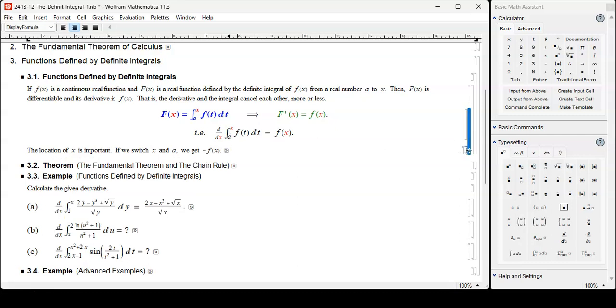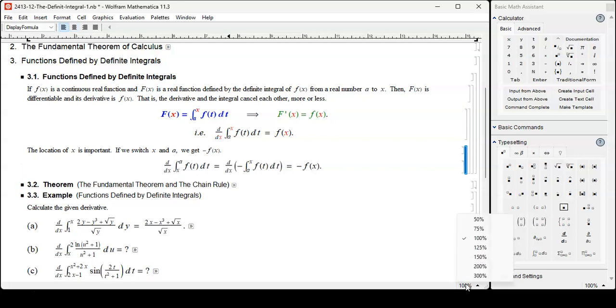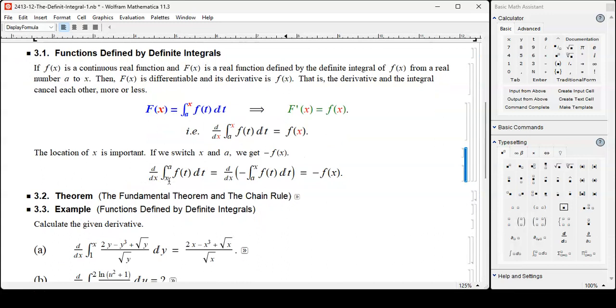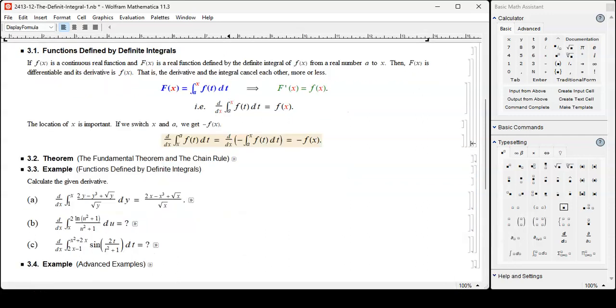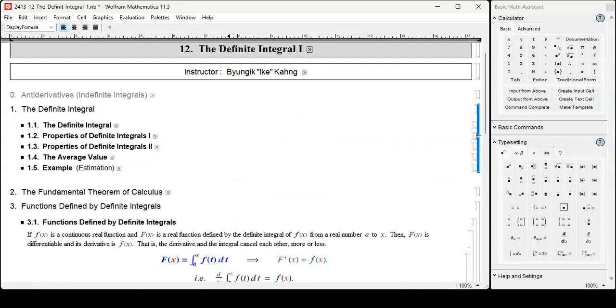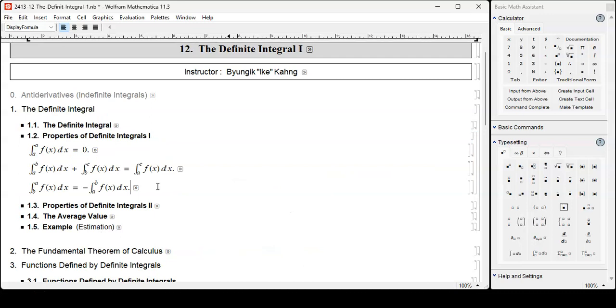If you switch x and a, for instance, as you can see here, let's look at it in a little bit bigger font. What did I do? x to a. If you switch these two, then we get the negative of a to x. So in the end, we get the negative of the original function. Remember this? If we switch the top and bottom, we are putting the negative sign. It's one of the properties of the definite integral.